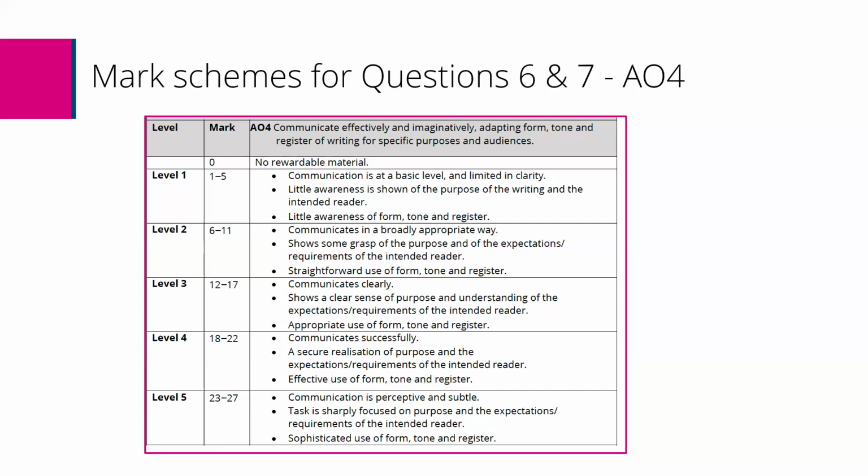And then in terms of form, tone, and register: little awareness in level 1, straightforward in level 2, appropriate in level 3, effective in level 4, and sophisticated in level 5. So that's our AO4 for questions 6 and 7.